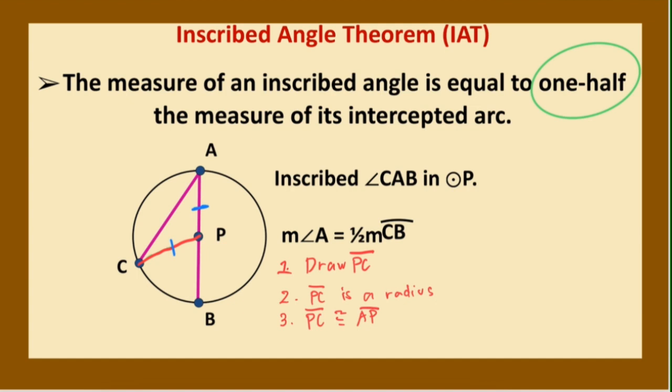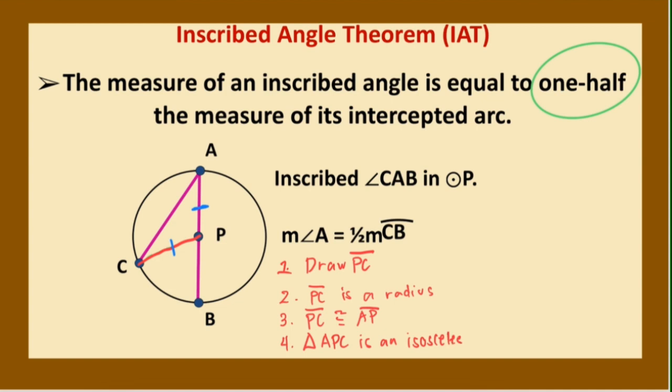Now, look at the image we have here. Were we able to form something? Yes, we are able to form something here. And that is a triangle. What kind of triangle is this? Isosceles. So we have triangle APC, an isosceles triangle.